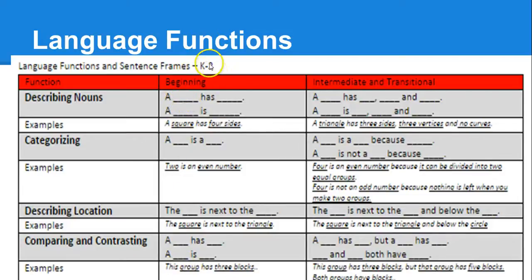So for example, beginning level learners, A1 or A2 level learners at the first or second grade level would be working with describing nouns, and they would work with a sentence frame, such as this one, like a square has four sides. This would help them to answer the essential questions, but using a sentence frame that reflects their level of proficiency at the time that they're working with that unit.